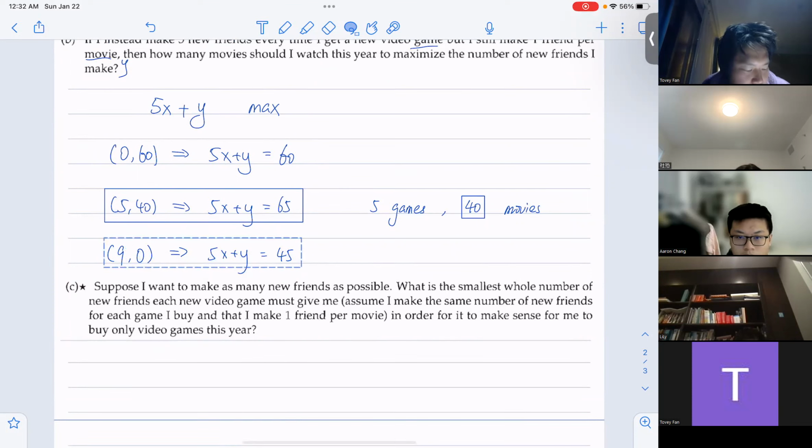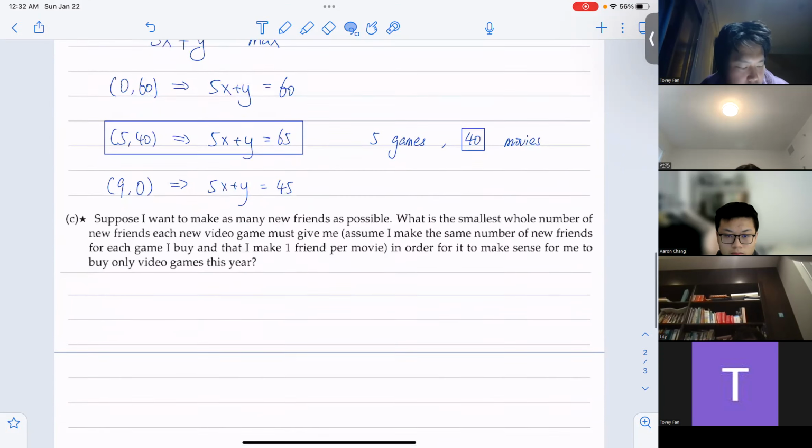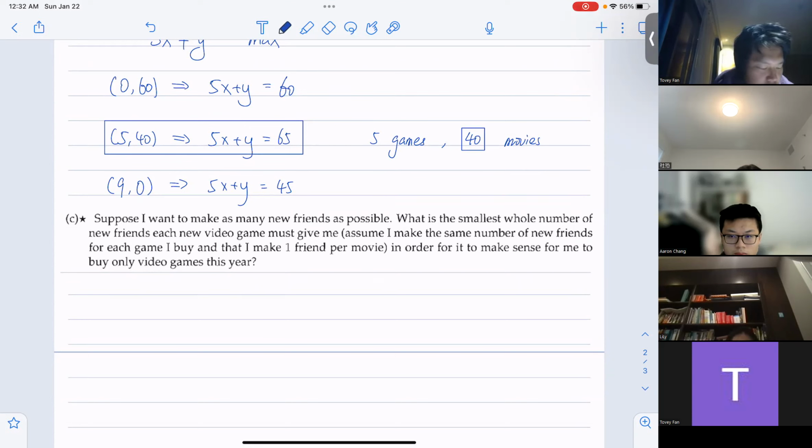The third intersection means that you're going to play 9 games and watch 0 movies, right? That's exactly what question C is asking. The question says, when would it make sense for me to buy only video games this year?